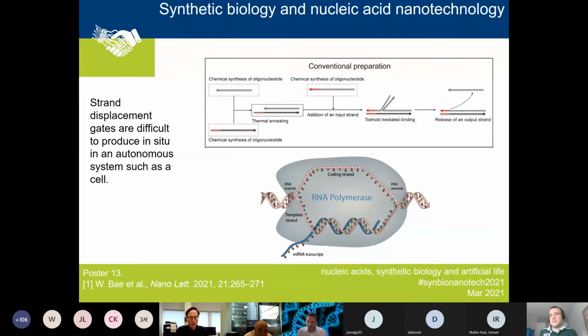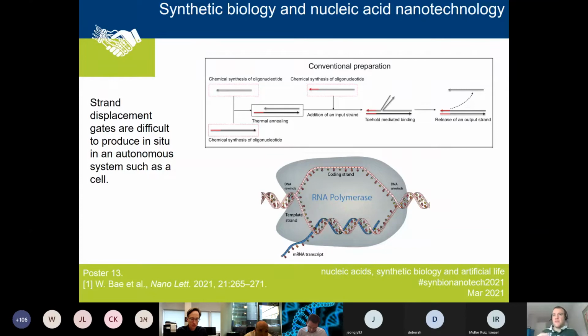The reason that doesn't work, well, one reason is these 2 strands in this complex that you make, the strand displacement gate, need to be made in an appropriate stoichiometric ratio, and it's very difficult to guarantee that if you're getting the ingredients transcribed on the go.